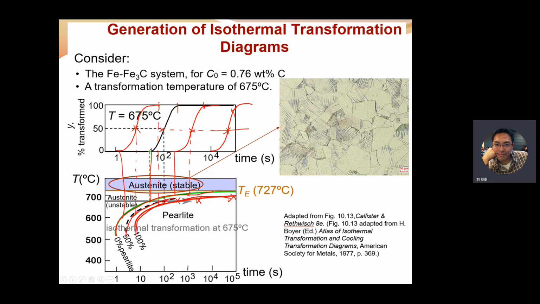Okay, therefore we can figure out this called the TTT diagram from this rate of the phase transformation. So I just wanted you guys to know how to plot this TTT diagram from the phase transformation rate.